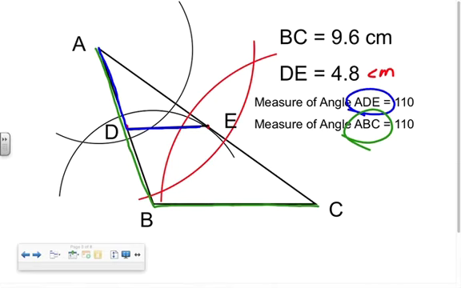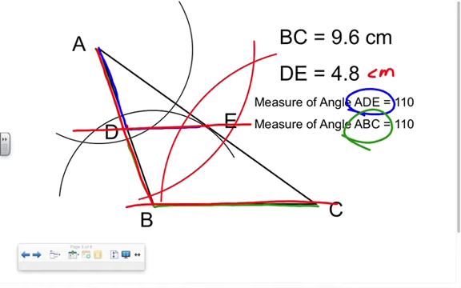And they're equal. Notice that they also share this side, sort of. So that is a transversal for these two lines. The angles ADE and ABC are on the same side of that transversal.